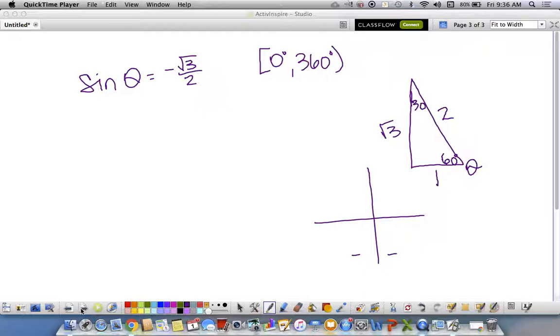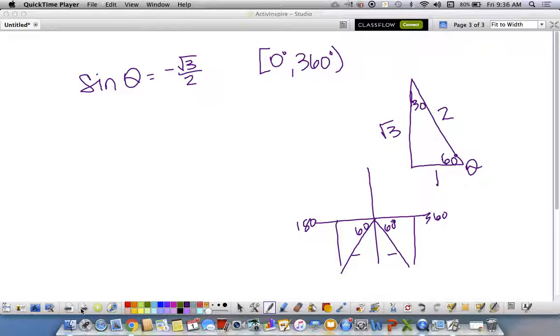The third and the fourth quadrants, and I need a reference angle of 60 degrees. So maybe I look at my plate and say, where do I have a reference angle of 60 degrees? Or I say 180 plus 60 and 360 minus 60. I can still figure it out without having my plate right beside me.